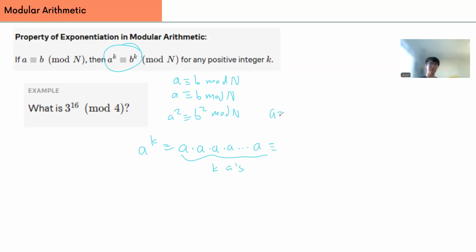Let's say a is congruent to b mod n, which is going to be b times b times b, and there are k b's here. And then we can take this back to b to the k. So if a is congruent to b, then a to the k is congruent to b to the k. So we can swap out the base with something that's a lot easier to calculate.